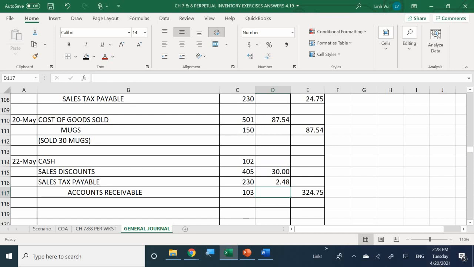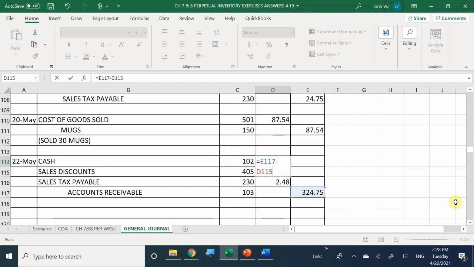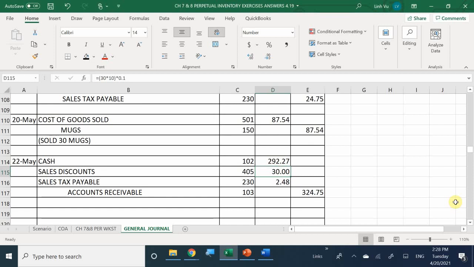So in this case, how much cash am I supposed to be receiving from customer B? 292.27. So that's my actual sales right there. If I go back and calculate it, it's going to show me what the sales should be: the 300 minus 30, so 270, and the rest is going towards your tax.